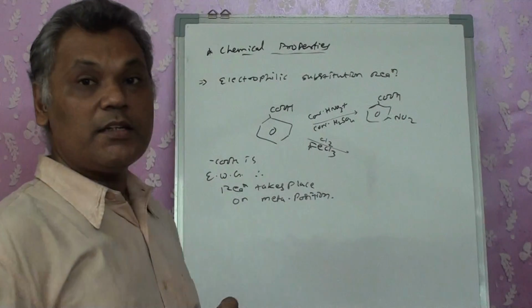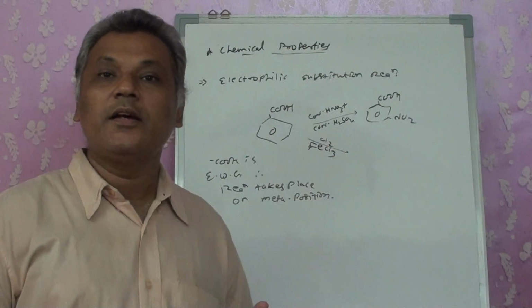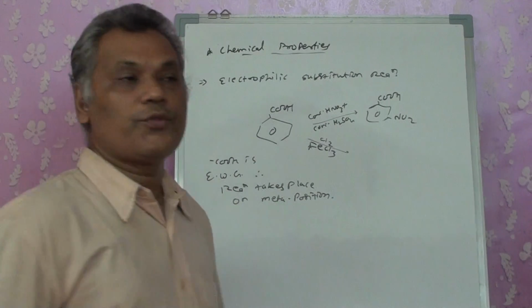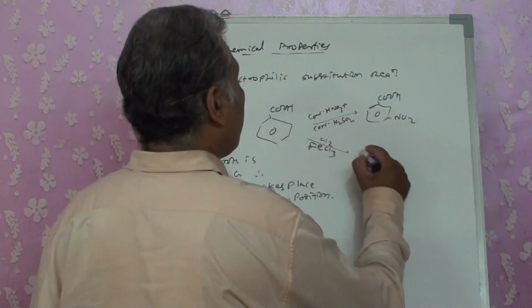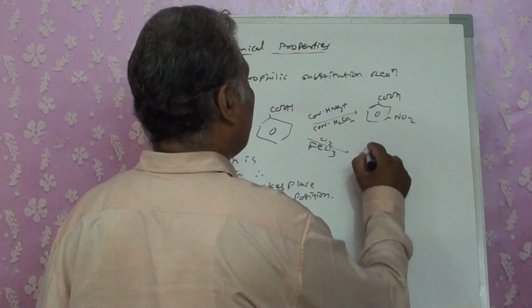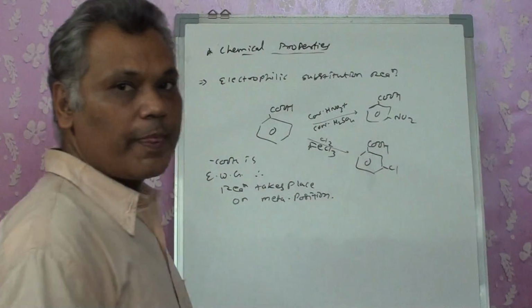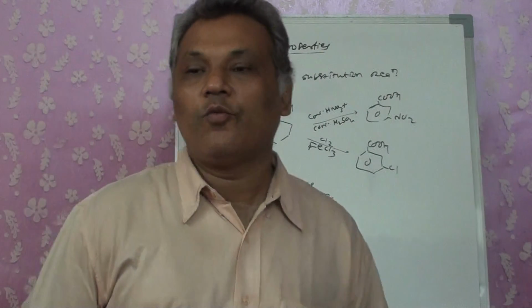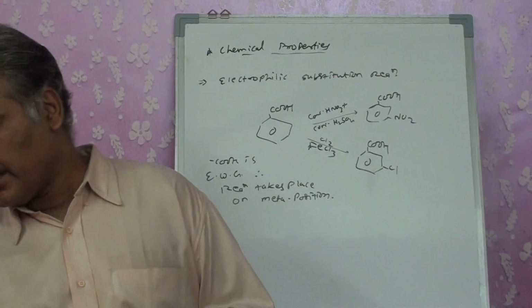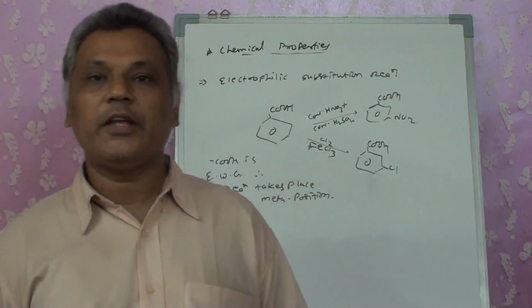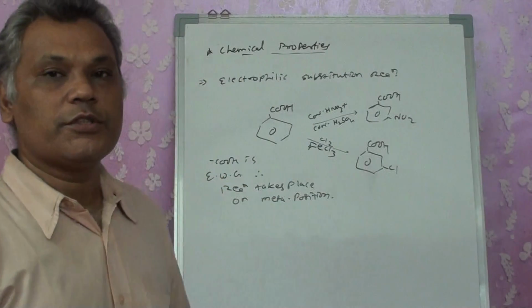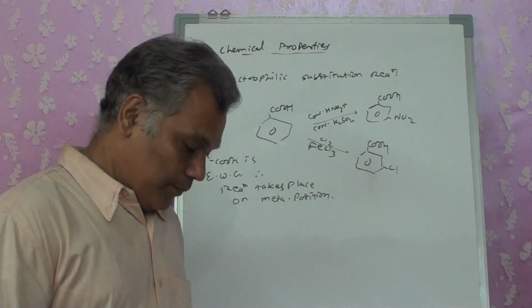So it's neither in presence of light, nor am I using red phosphorus. That means this reaction is going to take place on the aromatic nucleus to produce meta-chloro product. Right? So whatever reactions we carry out, all will take place on meta positions. Is it clear?